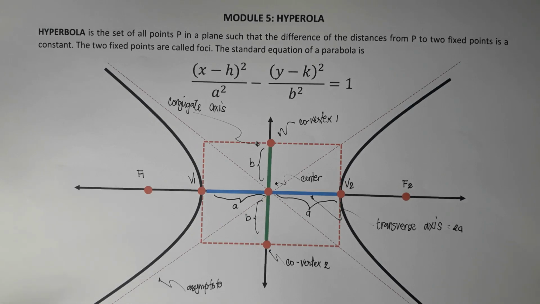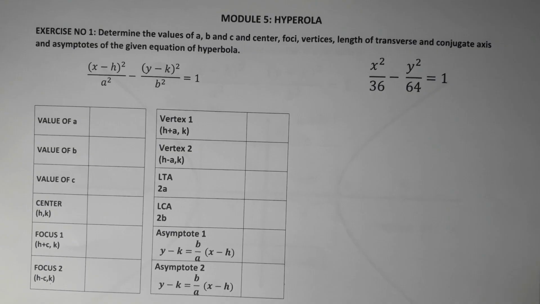Now, let's try to solve some exercises. Let us solve exercise number 1. Determine the values of A, B, and C, and the center, foci, vertices, length of transverse and conjugate axis, and asymptotes of the given equation of hyperbola.